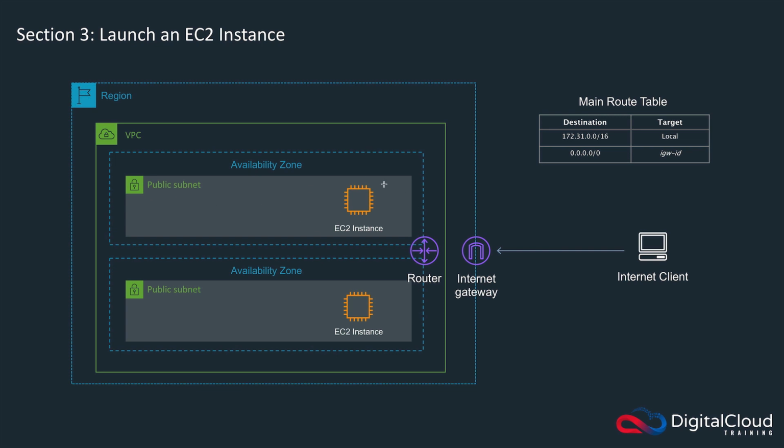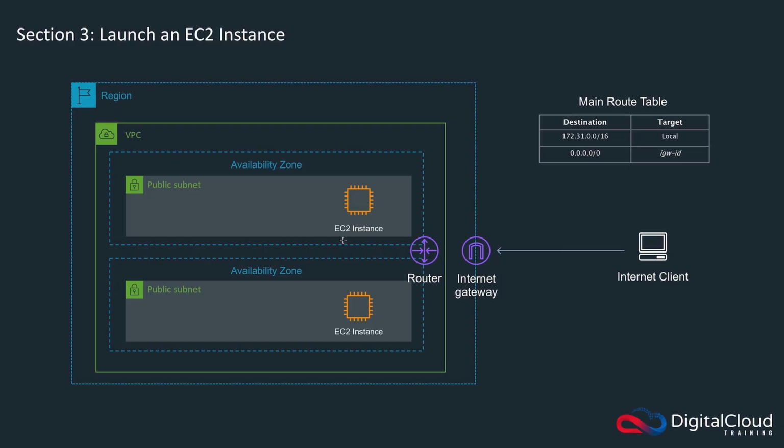So you might be wondering, what exactly is a public subnet and how is it different to a private subnet? Well, the key differences are that we attach an internet gateway to a public subnet, and we have an entry in our route table that points to that internet gateway, and our EC2 instances have public IP addresses. So those are the 3 things.